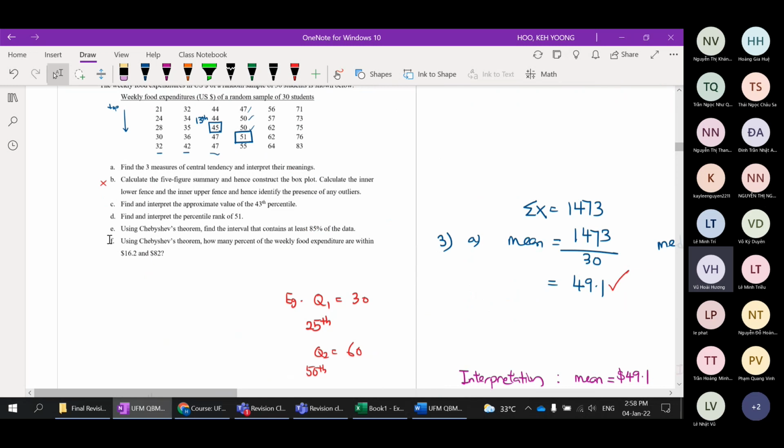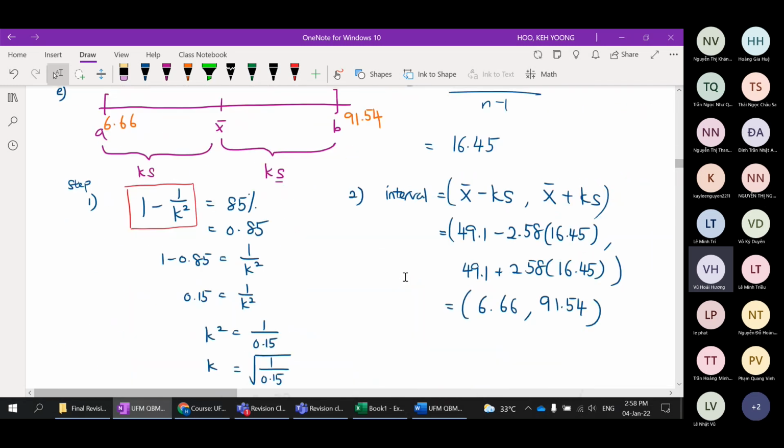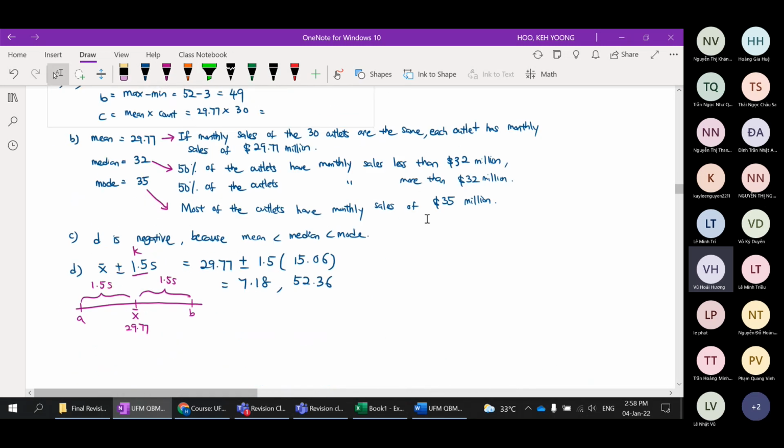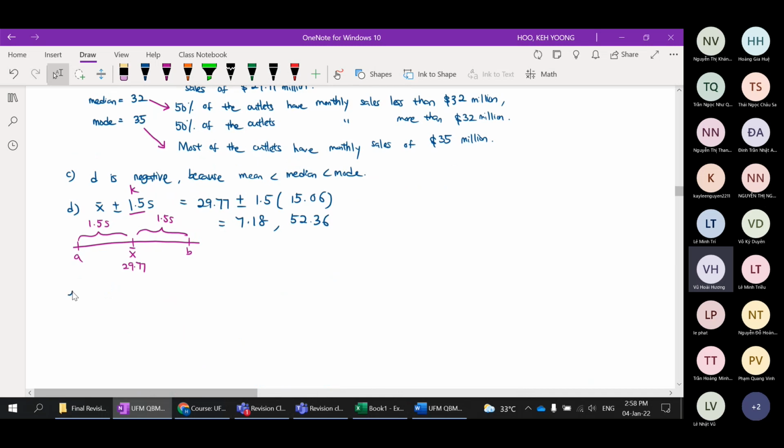But the question doesn't tell you what rule to use. So you have to state what rule you use and why, and then proceed with finding the percentage when the interval is given. Let's work on it.